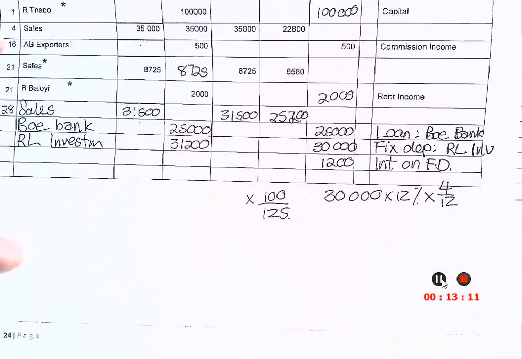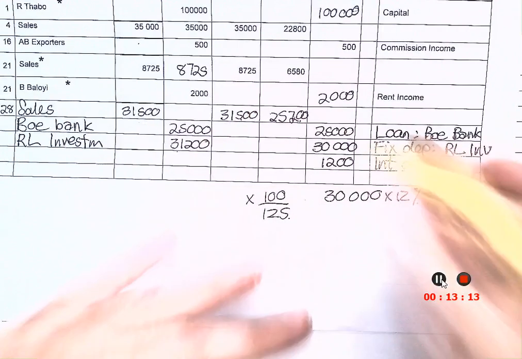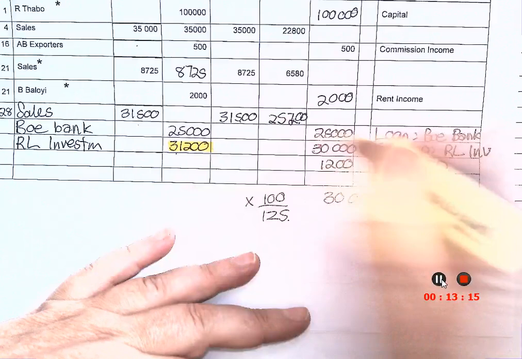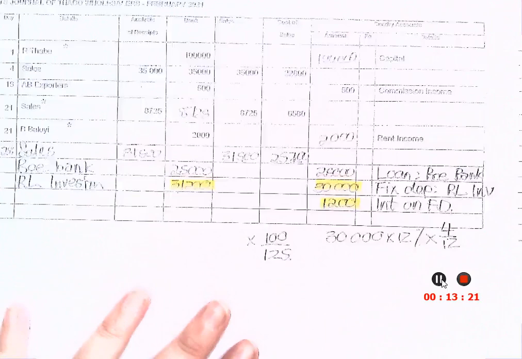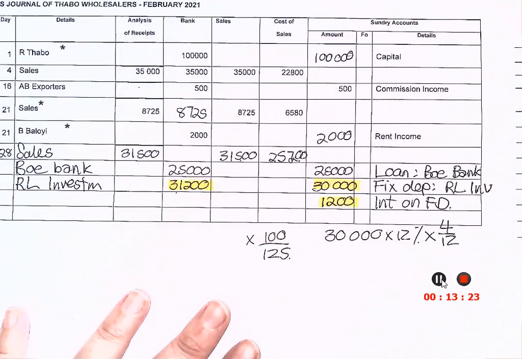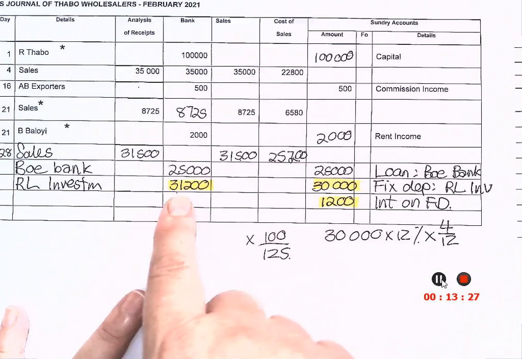So how much is the bank paying into my account? 31,200. And why don't I separate it here? Why don't I separate it inside the bank like I do in the sundry? Is there a reason? Yes. This is the amount that's going to appear on my bank statement. They're not going to say 30,000 fixed deposit, 1,200 interest.